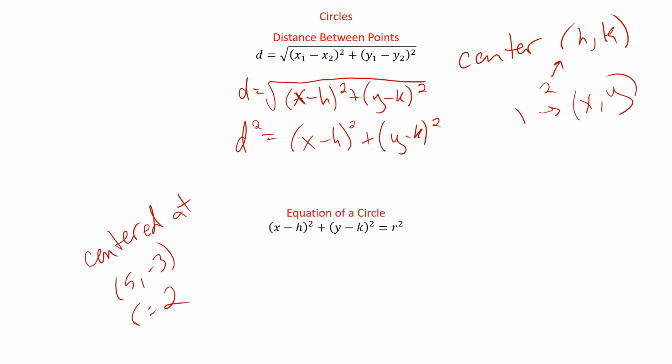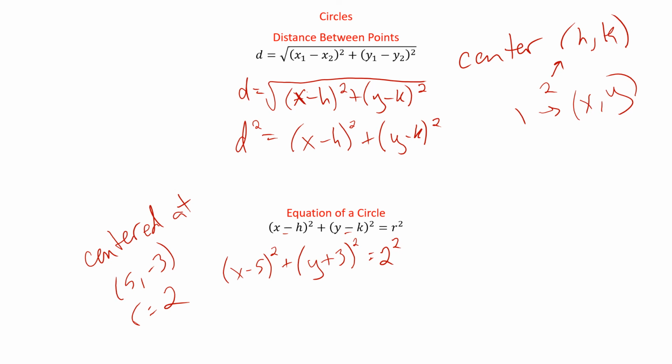Well, that's h and k, so (x minus 5) squared plus (y minus negative, or plus 3) squared. Notice the minus signs are part of the equation. Squared equals 2 squared. You could make that 4 if you wanted to. You can leave it as 2 squared. Doesn't really make much of a difference.